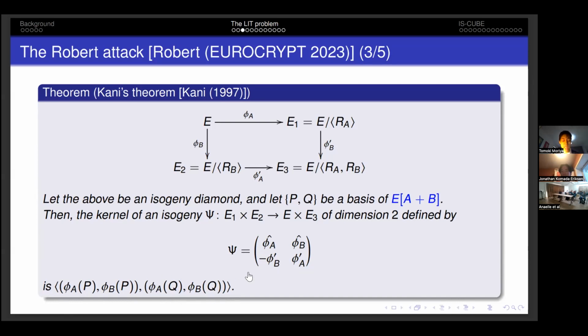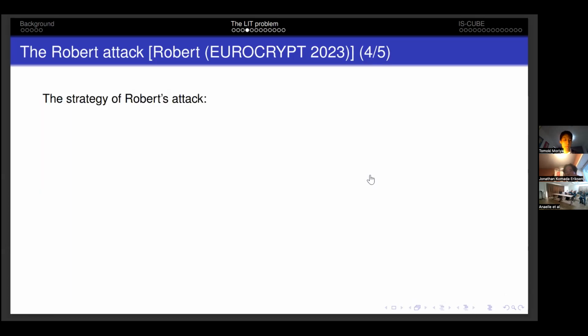So this is the Kani theorem, and this theorem says if there's information of the torsion points of order A plus B, we can compute the isogeny from E1 times E2 to E times E3. This is the statement of the Kani theorem. And we use this theorem to attack SIDH or solve the CSSI problem.